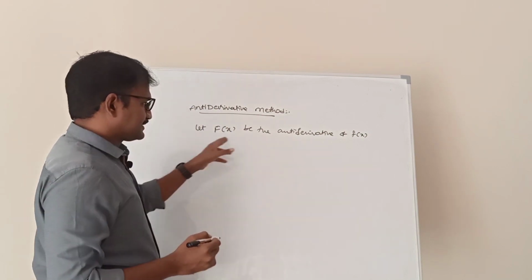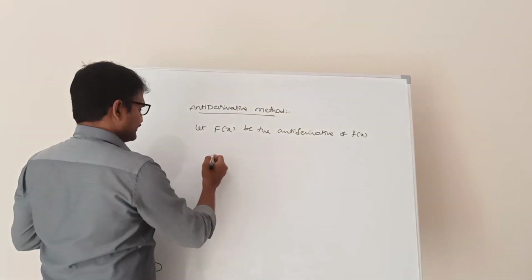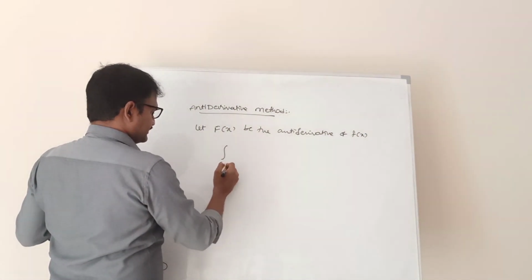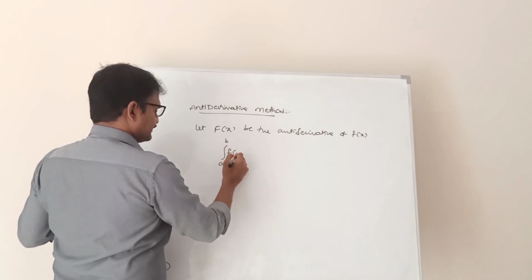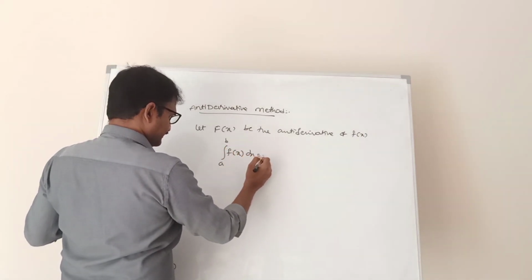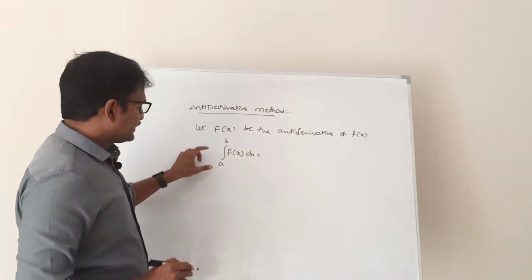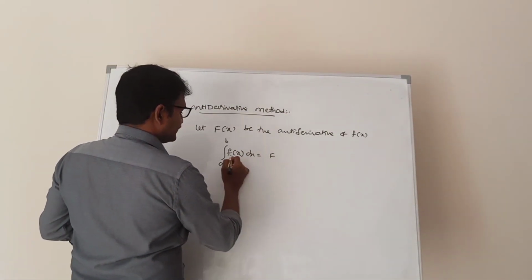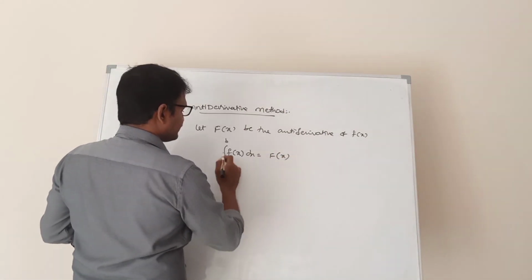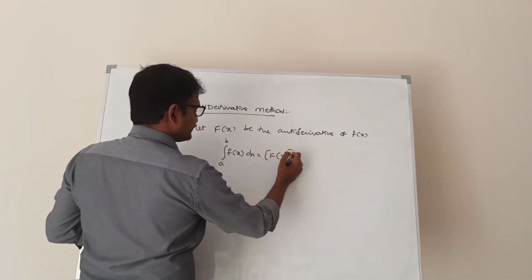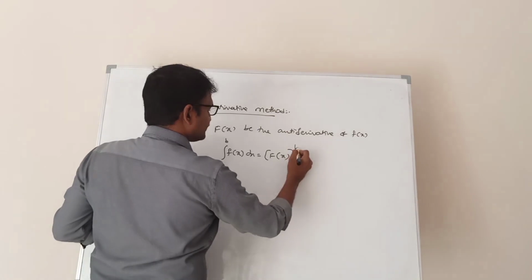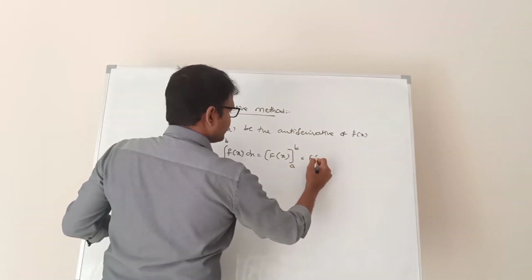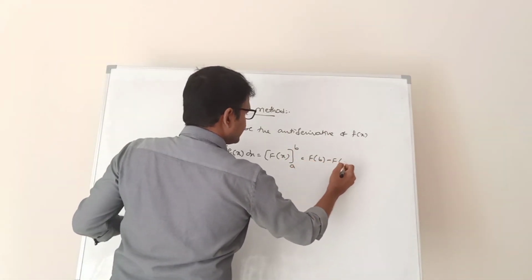Then the integral from a to b of f of x dx, the area bounded between a and b, with lower limit a and upper limit b, is F of b minus F of a.